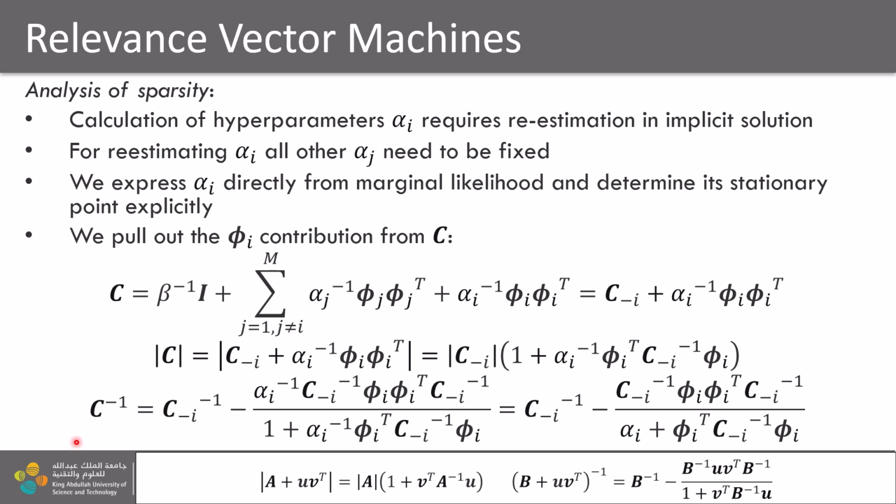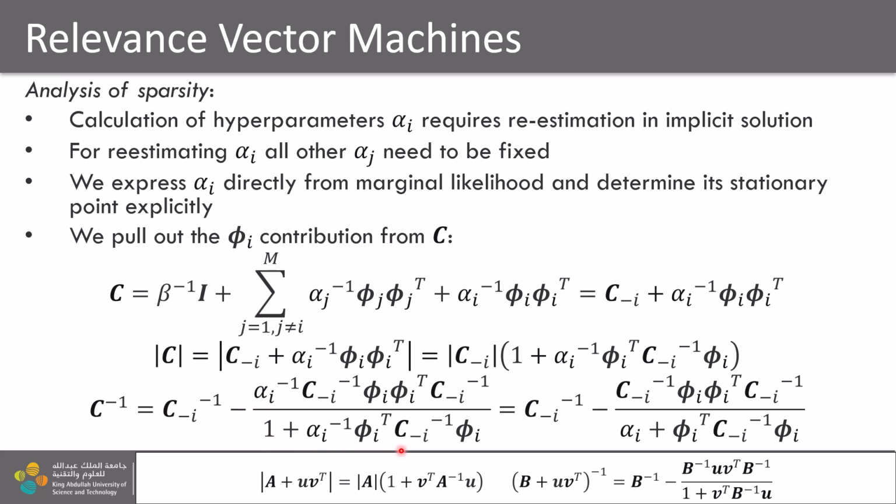And then, furthermore, we want to express the C inverse through the C minus i inverse, and that is equal, according to this formula here, to C minus i inverse minus, and then we have the B here, which will be this C minus i, and then we have the u and v, and again C minus i. A similar situation as here, except that we are also adding alpha inverse in the numerator, because that is associated with either both of these vectors or one of these vectors, because it's a scalar which can be scaling one of these vectors, either u or v, as desired, or both.